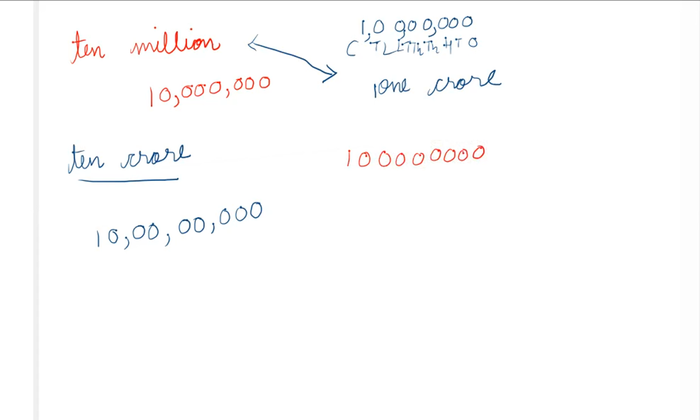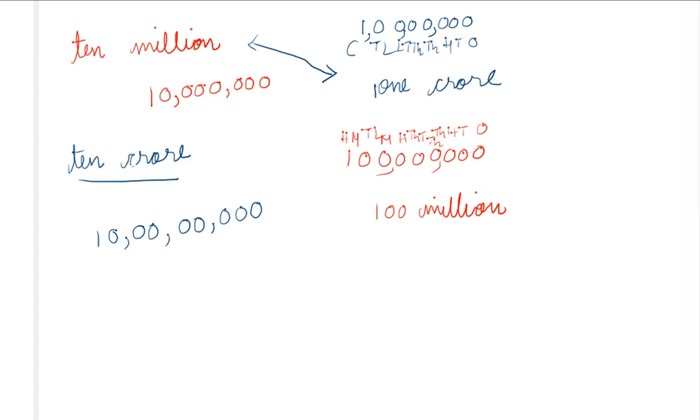Now for the international system, we'll place a comma after every 3 digits from the right-hand side. So now ones, tens, hundreds, thousand, 10,000, 100,000. And then what is this place? It is million, 10 million and 100 million. So my 10 crore is nothing but 100 million. My 10 crores in the Indian system of numeration is nothing but 100 million.